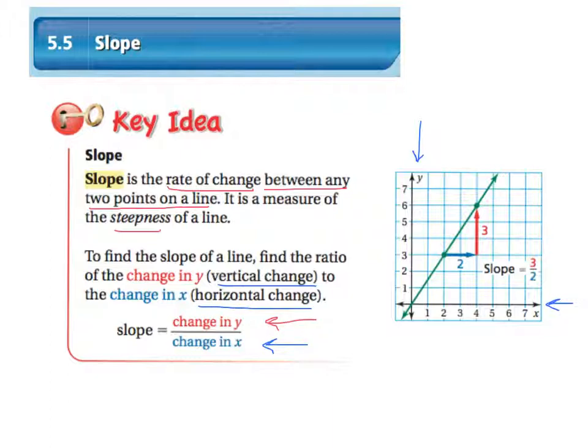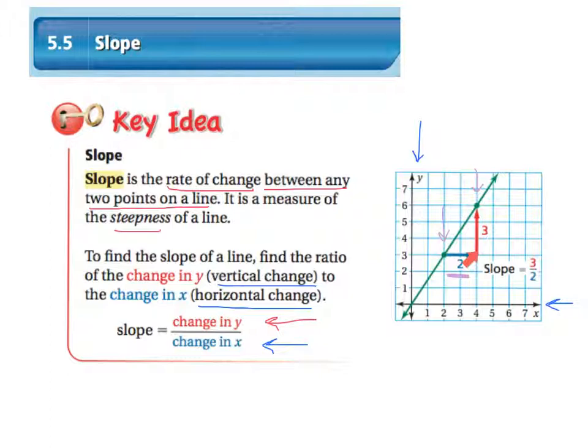So, we're going to go from one point to the next. We pick any 2 points on this line. So, let me actually pick a color here. Let's draw purple. So here's a point and here's a point. We can see that the horizontal change represented in blue is 2, because we go over 2 units to the right. 1, 2. 2 to the right is positive.